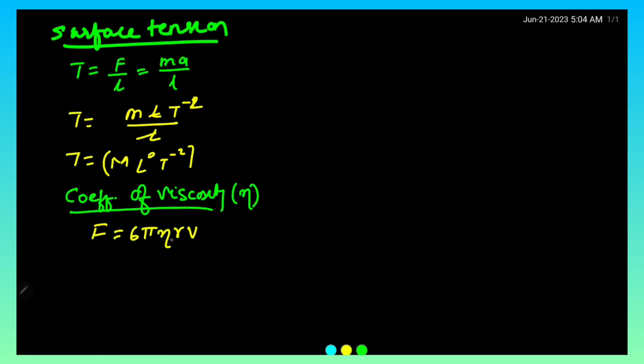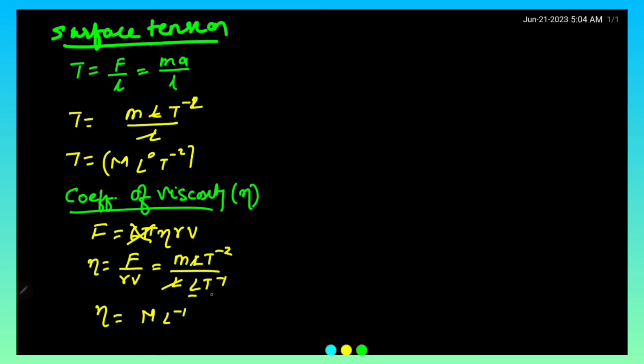Okay, where r is radius and v is velocity. 6 pi doesn't have any dimensions, therefore eta is equal to F by r into v. You know, mass into acceleration, that is m L t power minus 2 for force, and r means L, and v, velocity, means L t power minus 1. Therefore this L gets cancelled here. Coefficient of viscosity is taken as m. This L goes to numerator, becomes L power minus 1. This t goes to numerator, becomes t power plus 1, that is m L power minus 1 t power minus 1 is the final formula.